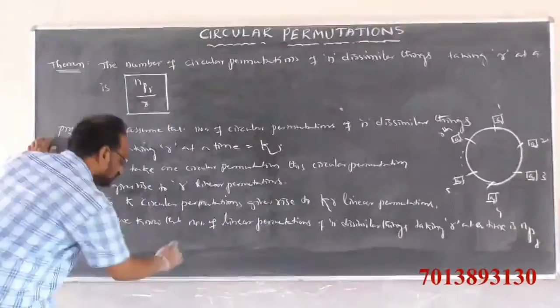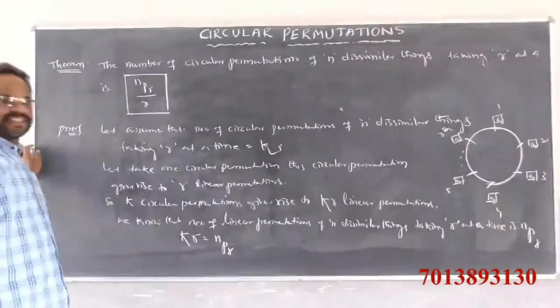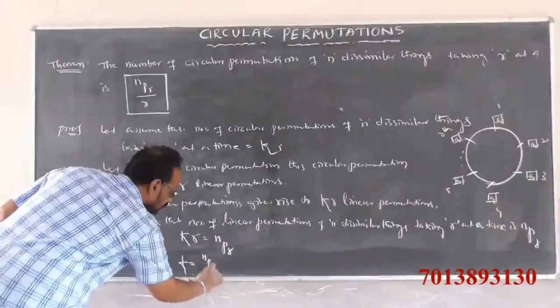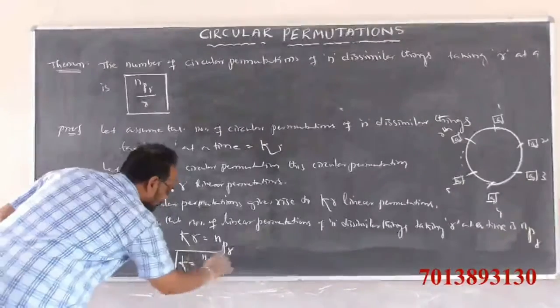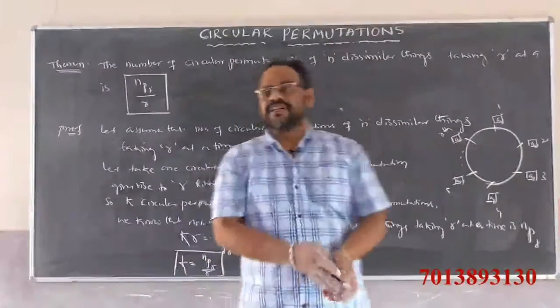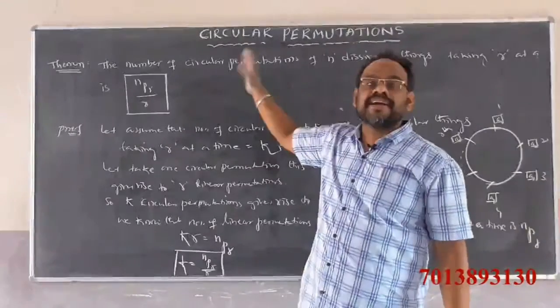So k into r is equal to nPr. We want k, so k is equal to nPr by r.